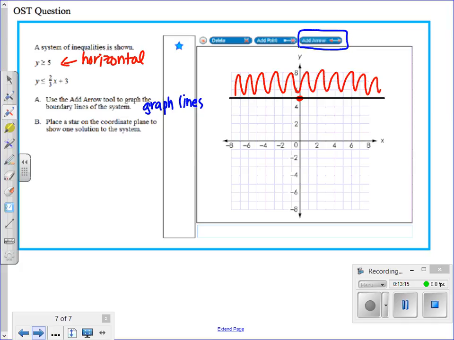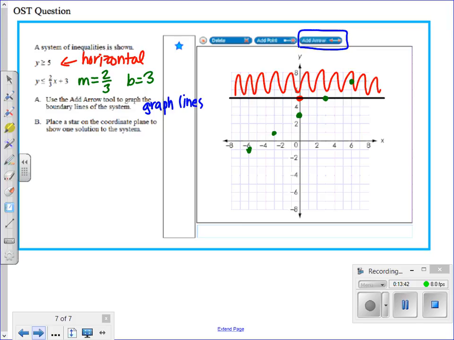Now I have one more line that happens to be in slope-intercept form. So I have m here of 2/3 and the y-intercept of 3. It's already in y-intercept form, so I only have to graph this line just as simply as I thought. So I start at 3, I go up 2/3 for my slope in both directions.